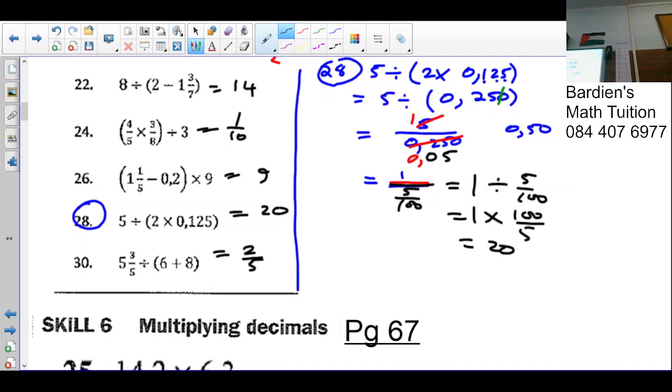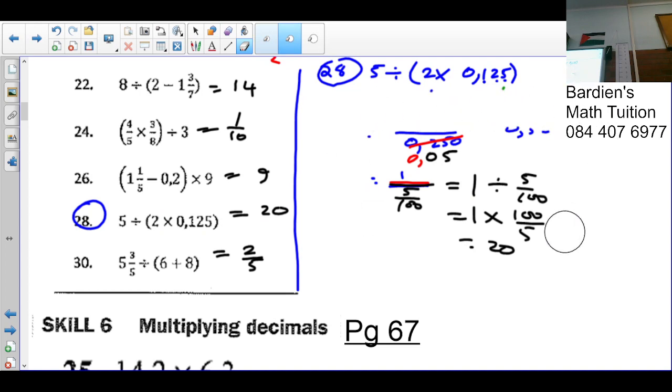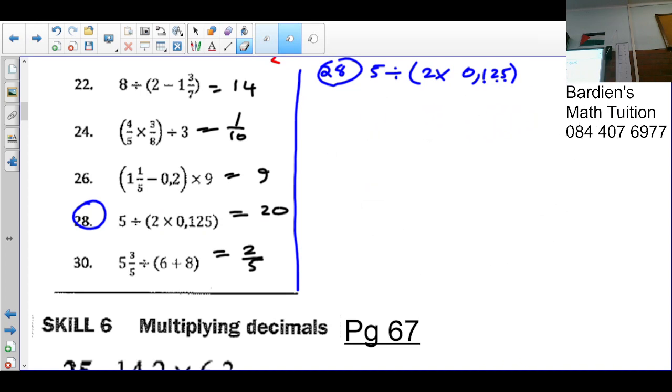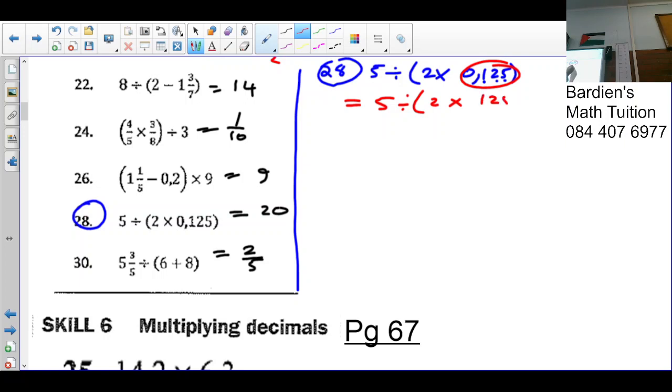But I don't like working with decimals. So what I would have done was change this to a fraction. So it's 5 divided by 2 multiplied by 0,125, which can be written as 125 over 1000.